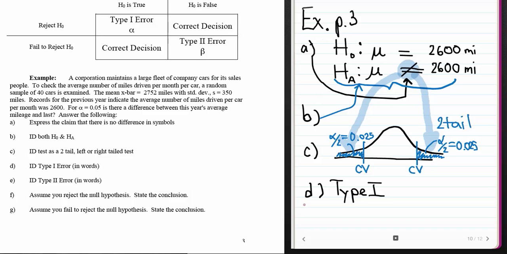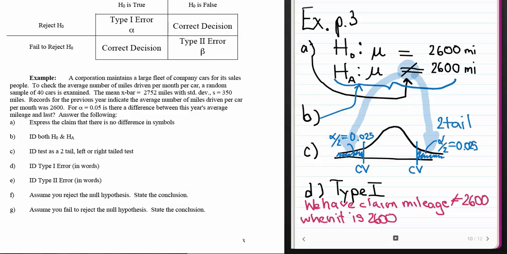So the type 1 error is we have claimed that the mileage, and I'm just going to use symbols because it's quicker, is not equal to 2,600 when it is 2,600.